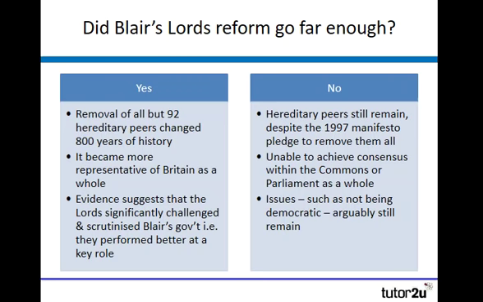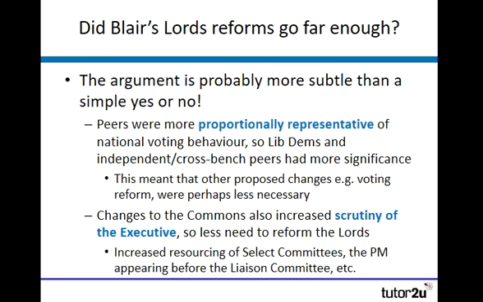There has been no consensus within the Commons or Parliament as a whole, and issues such as the Lords arguably not being particularly democratic because of the lack of election arguably still remain. As with anything in politics though, there is effectively a halfway house. Maybe not six of one and half a dozen of the other, but certainly the answer is probably much more subtle than a simple yes or no.